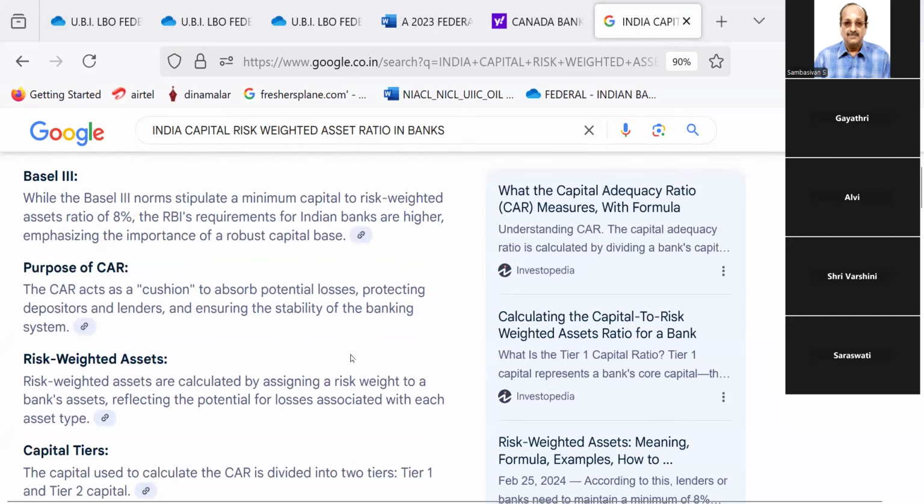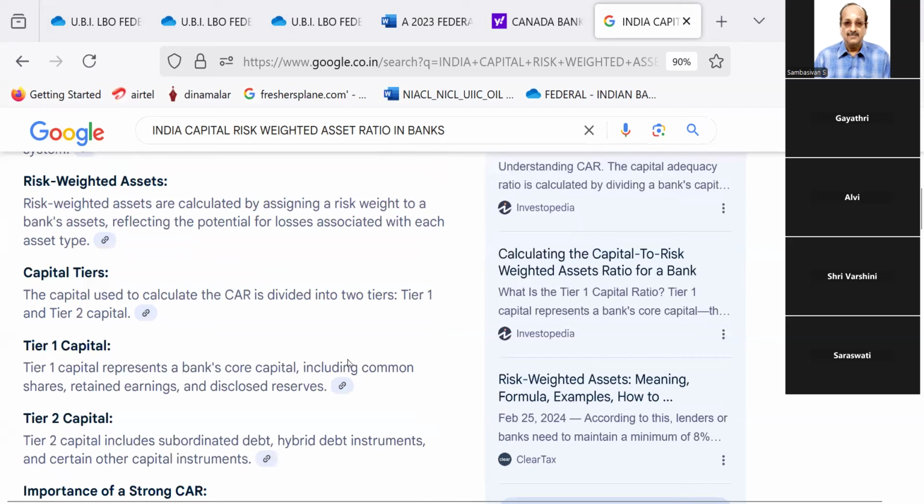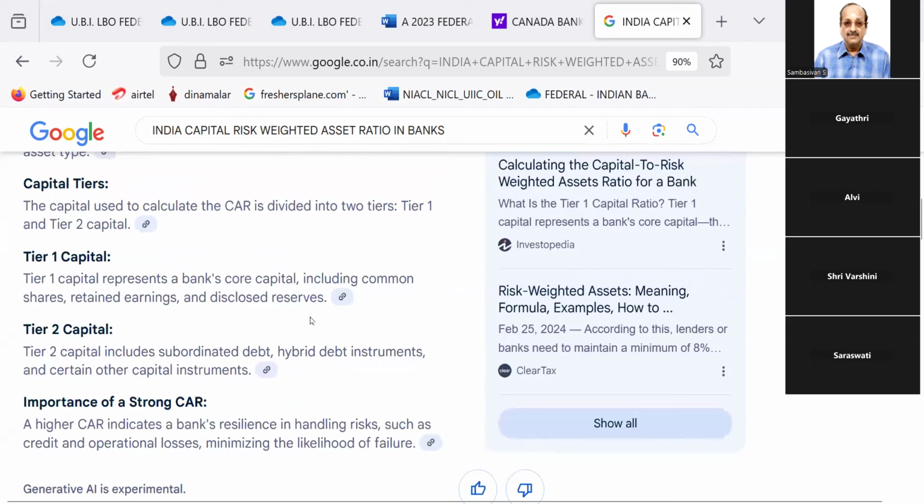Purpose of CAR. The CAR acts as a cushion to absorb potential losses, protecting depositors and lenders, and ensuring the stability of the banking system. Risk-weighted assets are calculated by assigning a risk weight to a bank's assets, reflecting the potential for losses associated with each asset type. Capital tiers. The capital used to calculate the CAR is divided into two tiers, Tier 1 and Tier 2 capital.